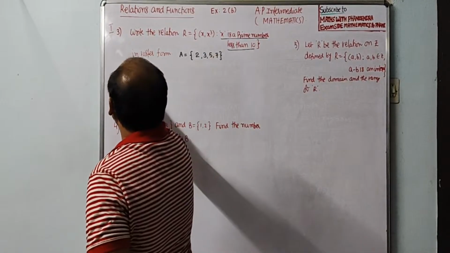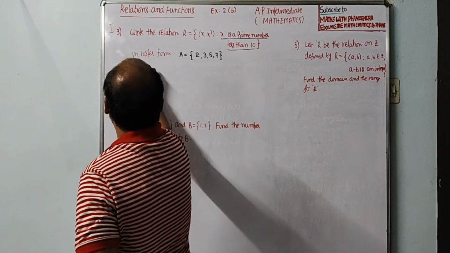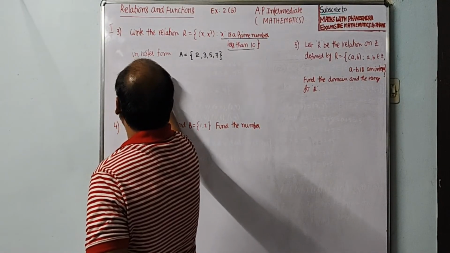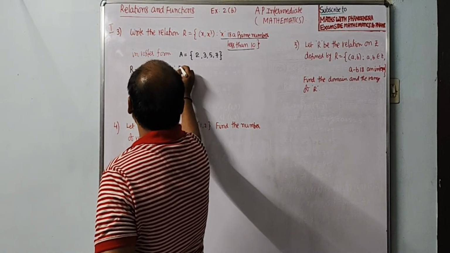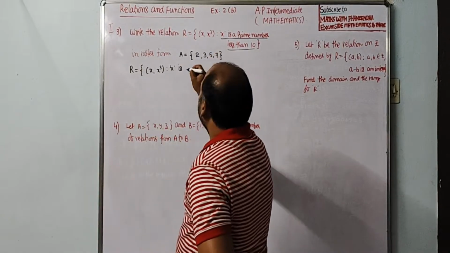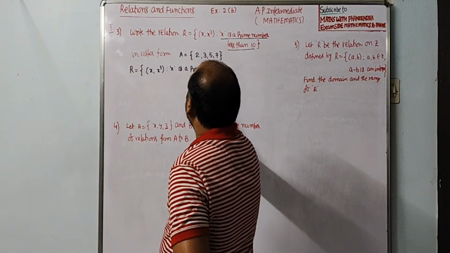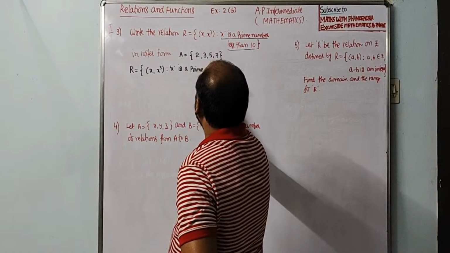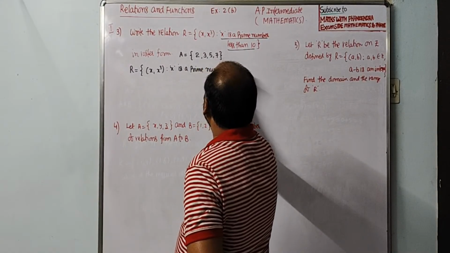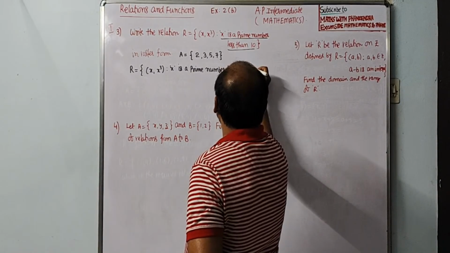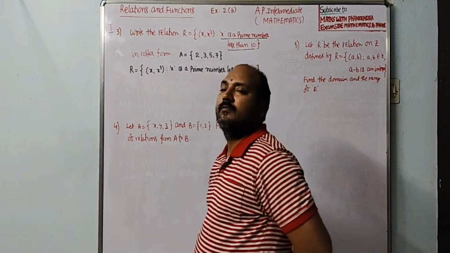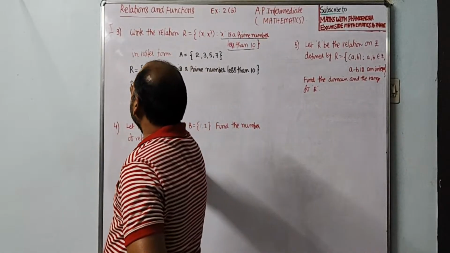So we have to write the relation R equal to {(x, x cube) such that x is a prime number less than 10}. So what are the possibilities we are getting here?